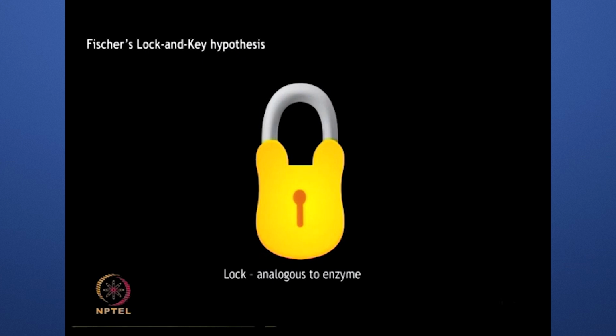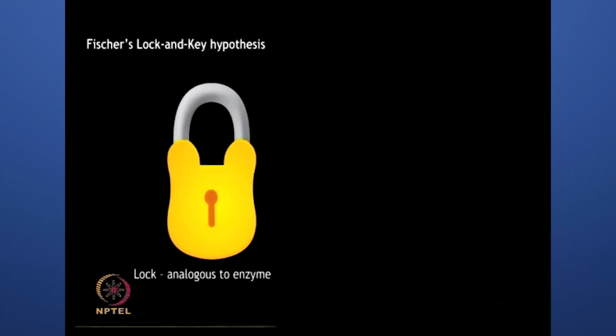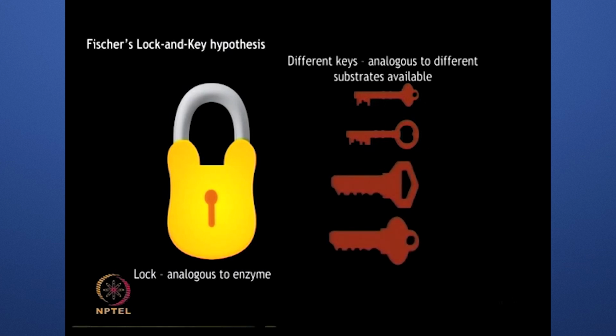Fischer's hypothesis has been defined as the lock and key hypothesis. Any lock, which is analogous to an enzyme, can have only one suitable key of appropriate shape and size to open it. The various available keys, which are analogous to the thousands of substrates available, can attempt to open the lock, but only one will be the perfect fit that can open the lock.